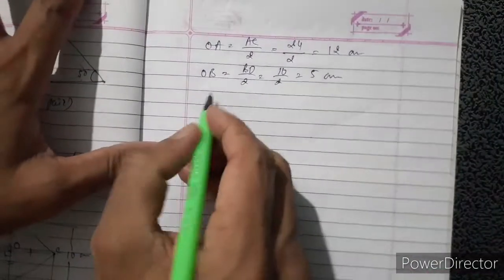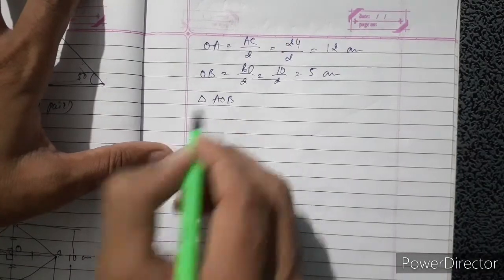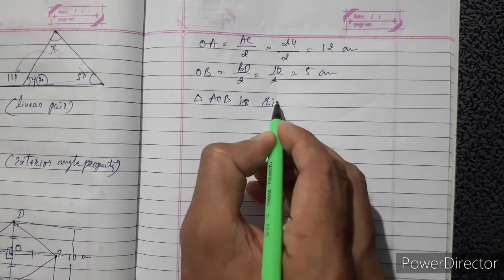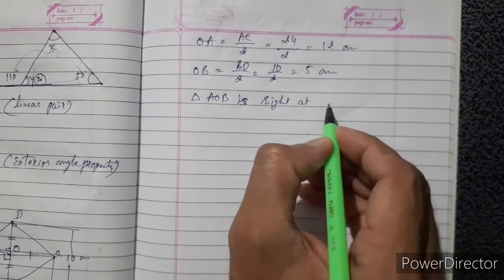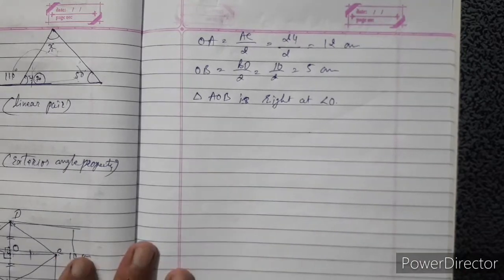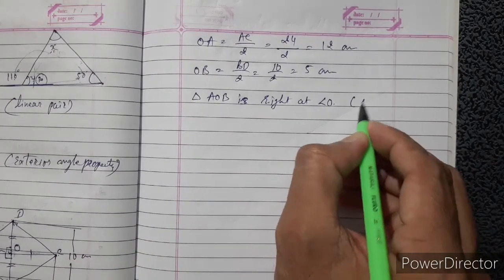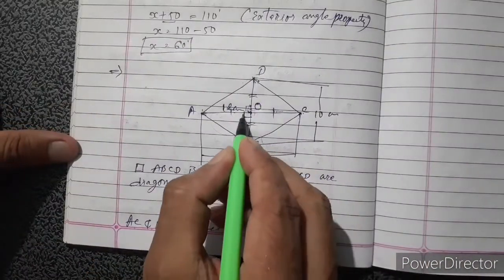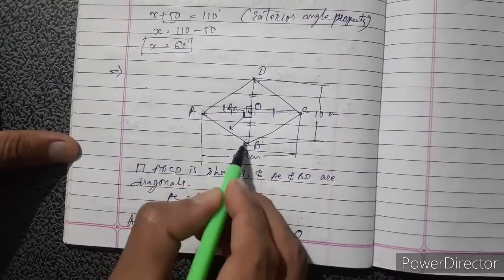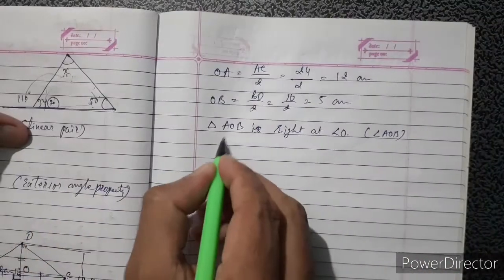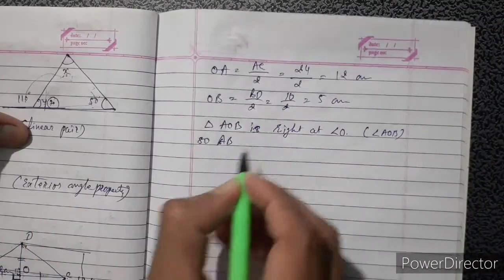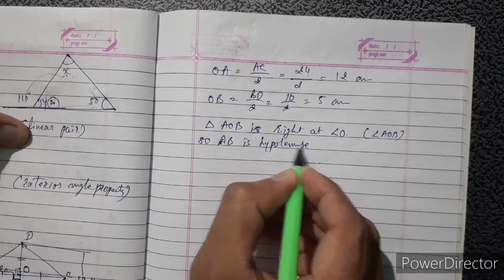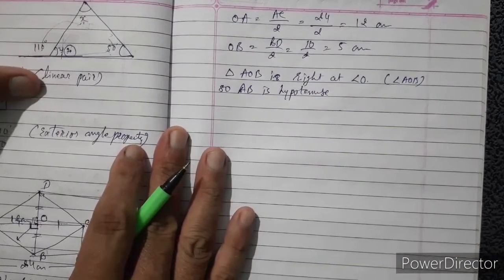So here triangle AOB is right angled at angle O, otherwise angle AOB. It means it's a right angle here. So the opposite side of that, means AB, is the hypotenuse.